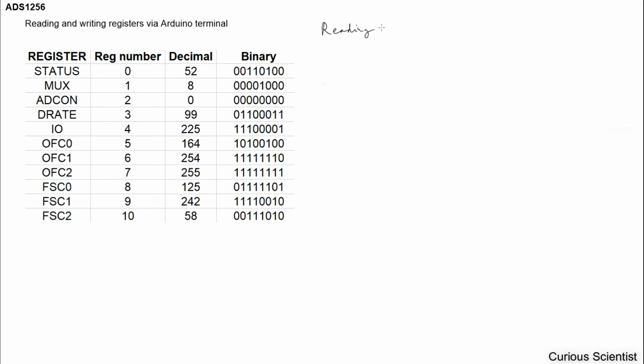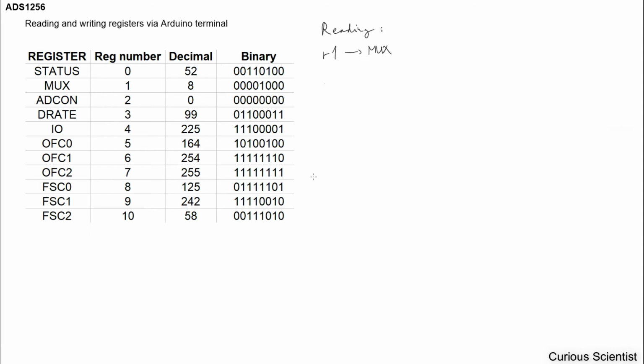When we are reading, we send the letter R through the terminal, and we write a number. For example, if we write R1 and send it, that means we are reading the MUX register, and we will get back a number.